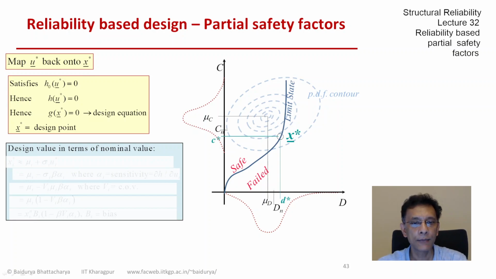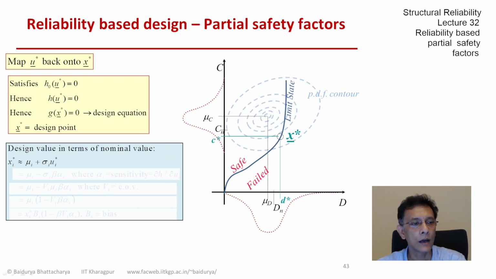So the first step is to recognize that the x star is approximately a linear function of the u star, and this is quite appropriate if we had used second moment transformation, the Hasofer-Lind transformation. Even if we did not, this would still be an approximation worth considering.